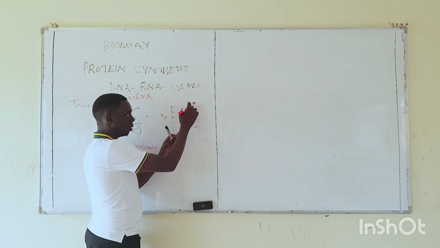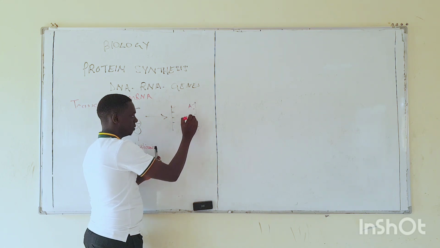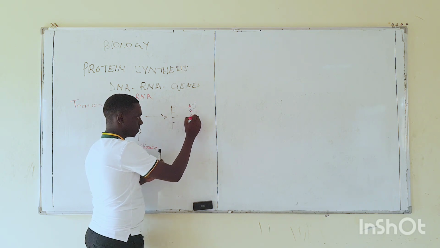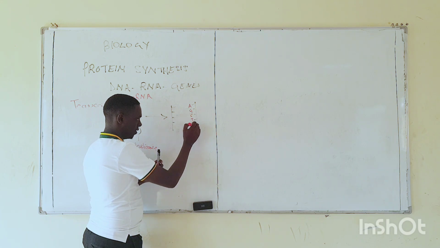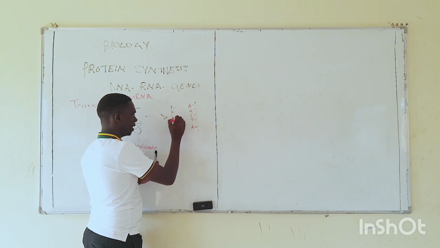Remember, here we have our bases. For example, we have adenine, guanine, cytosine, and thymine. We copy again our adenine. And here we have the thymine, adenine, guanine, cytosine, and thymine.